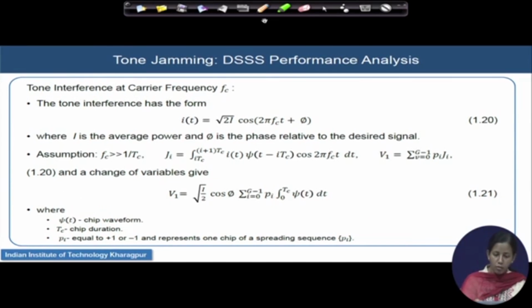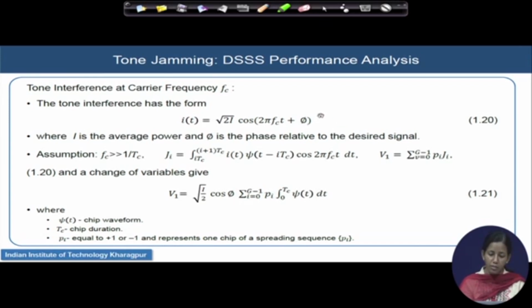IT will look like equation 1.20. It has average power I, and it has a carrier frequency of transmission exactly the same as our intended frequency of transmission, and phi is the phase associated with signal IT relative to the desired signal.